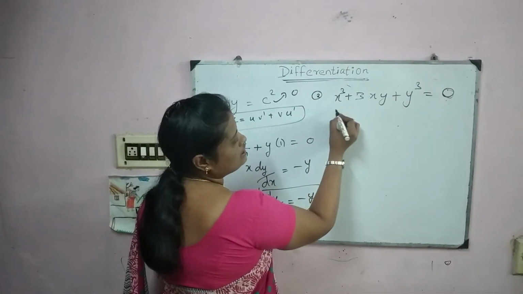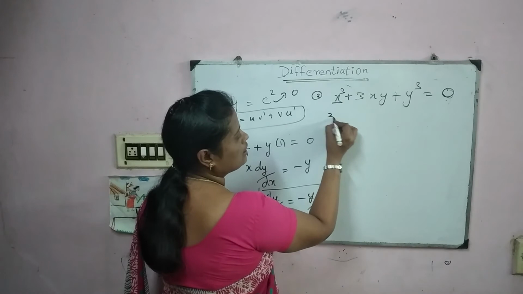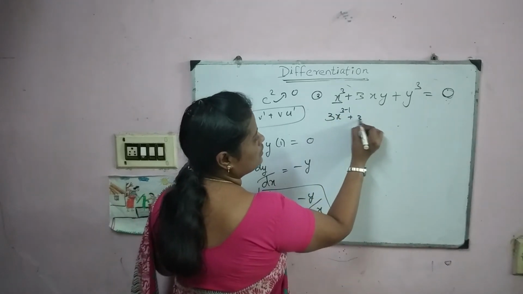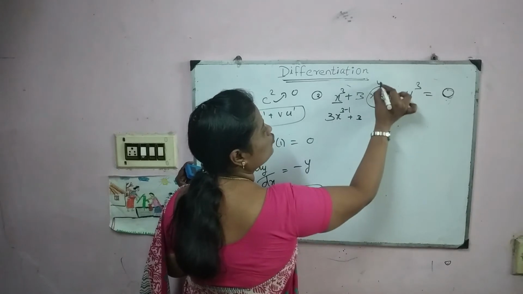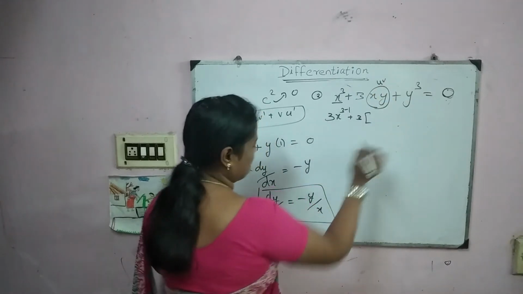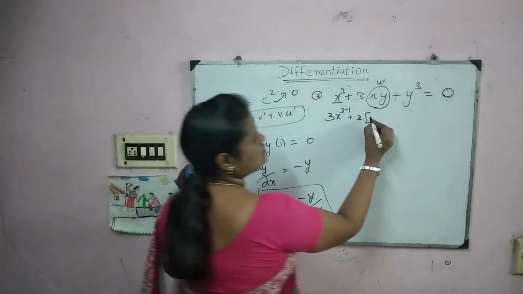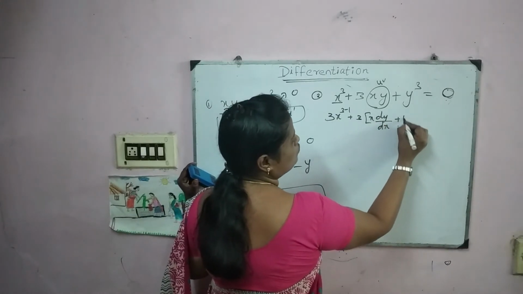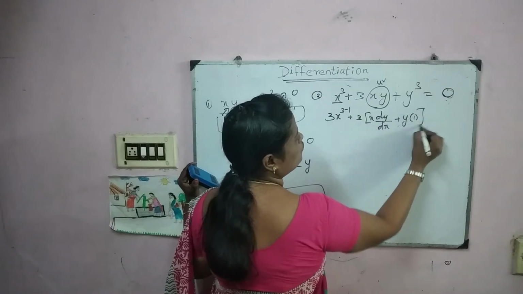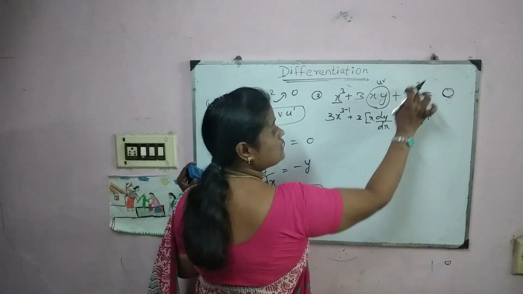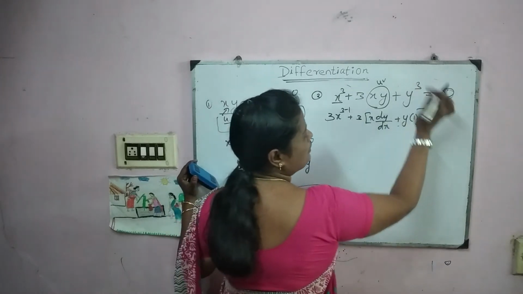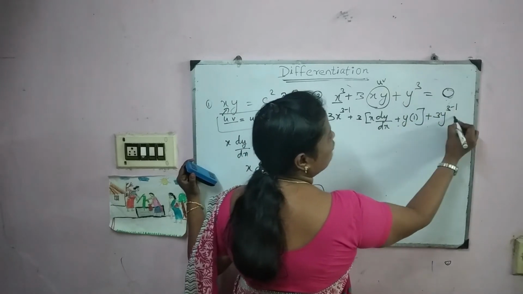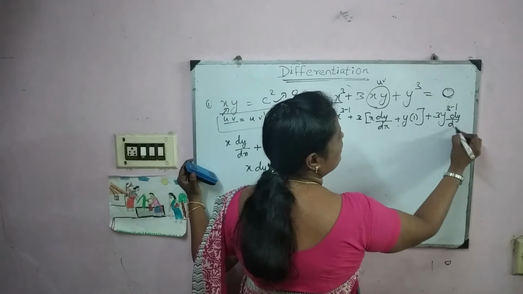So x cube differentiation, this is the x power n formula, n x power n minus 1, plus 3. So here you have to apply the UV rule, that we already did. So x into dy by dx plus y into x differentiation is 1, plus y cube, this is x power n. Okay, so x power n formula, n x power n minus 1 into y formula dy by dx.